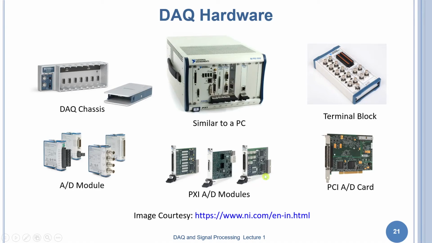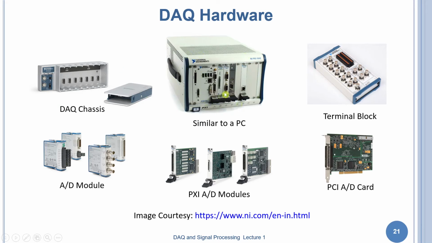So let's look at some DAC hardware. Here you can have different types of DAC systems, commonly used in many labs. Here you have a simple DAC chassis, and these ADC modules can be connected to this chassis, which can be connected to your PC. The second option is to have an entire PC built into a chassis.